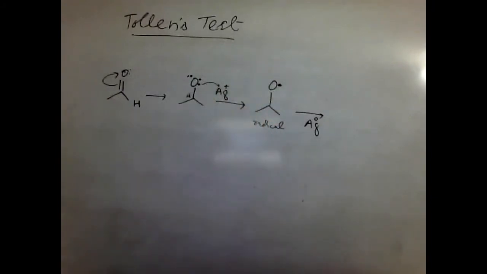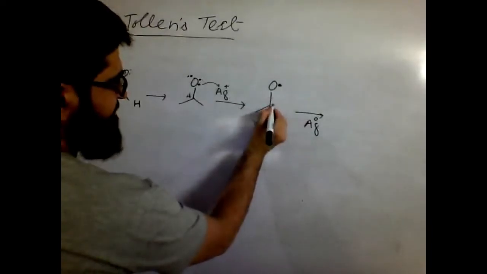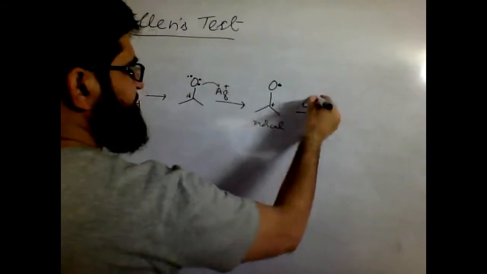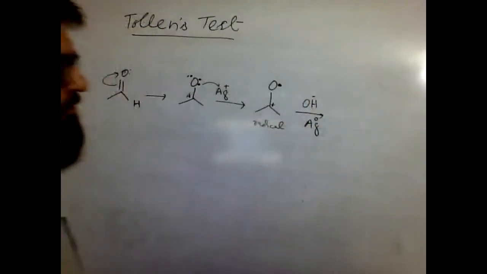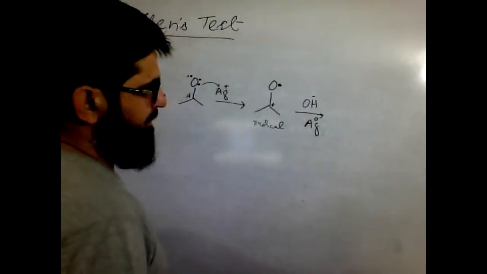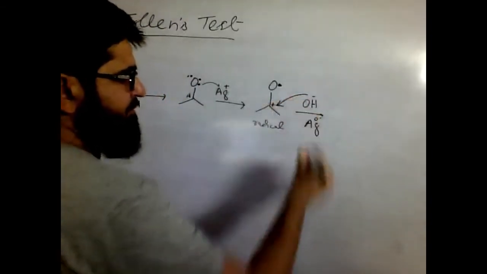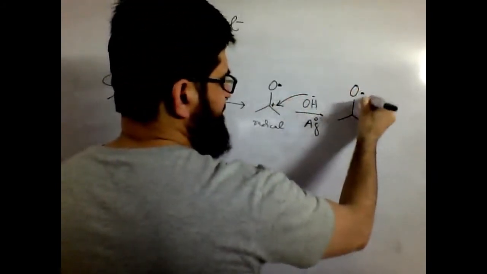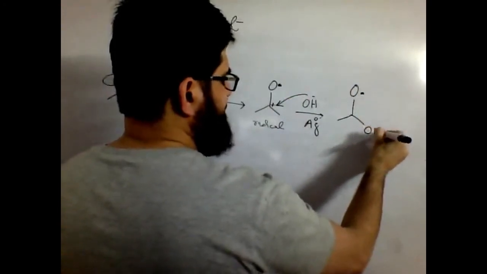As we have an idea, at the same time this carbon carries a positive charge as well. So one of the hydroxyls, OH negatives, which are present in the solution because they came from the ammonium hydroxide, can attack over here. So it becomes something like that.